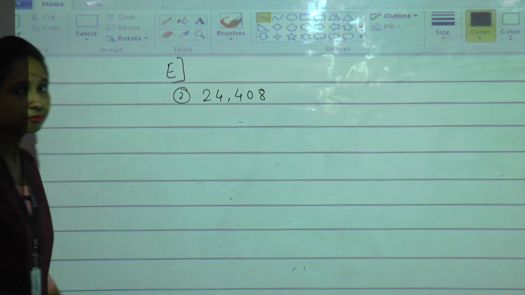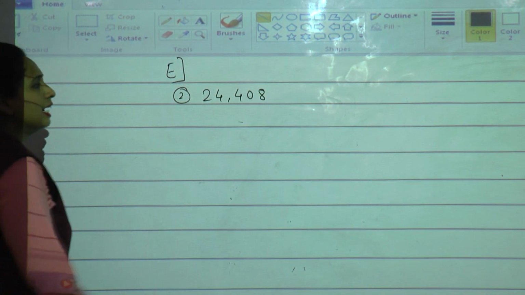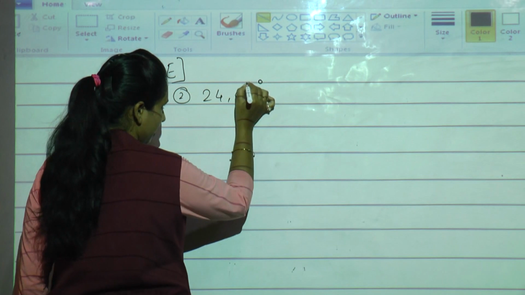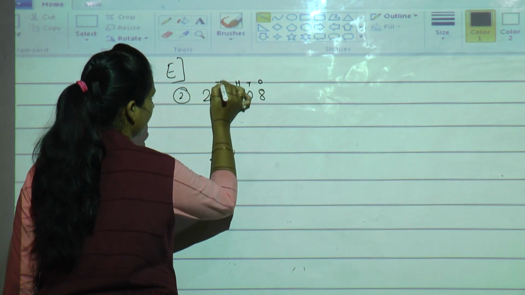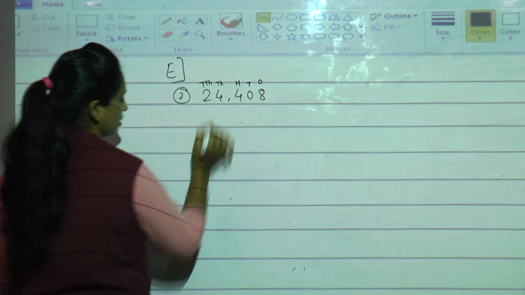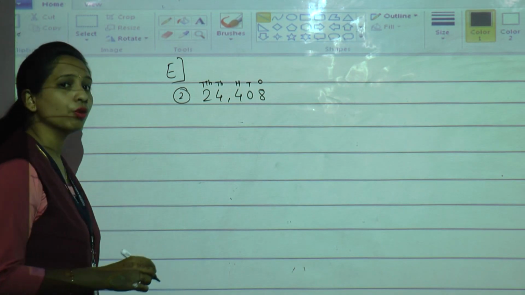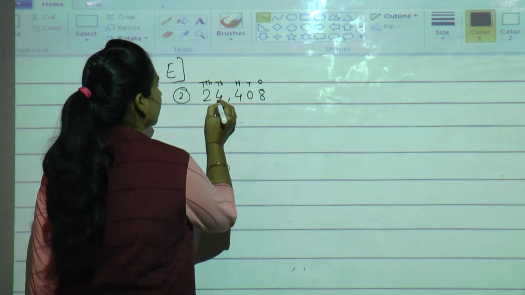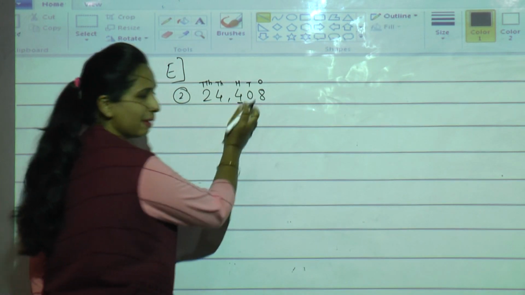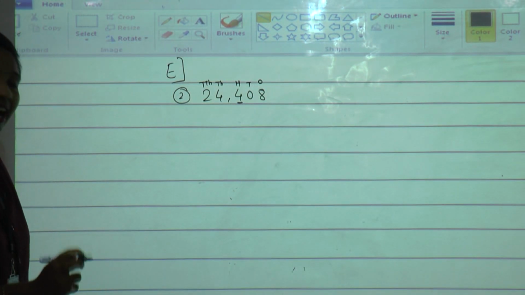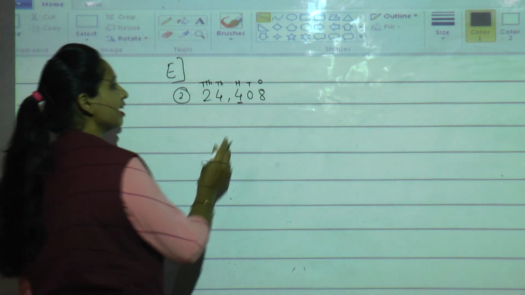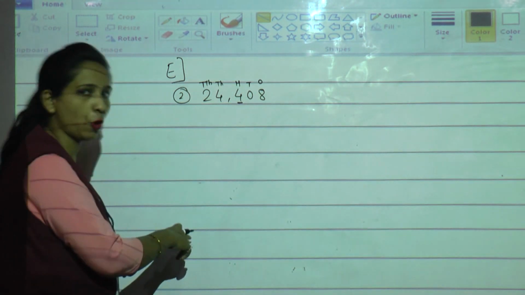24,408. This is the question. First, give the place values: ones, tens, hundreds, thousands and ten thousands. Whenever we are rounding off to the thousand, what do you have to do? Underline the hundreds place and look at the digit there. What is in the hundreds place? 4.